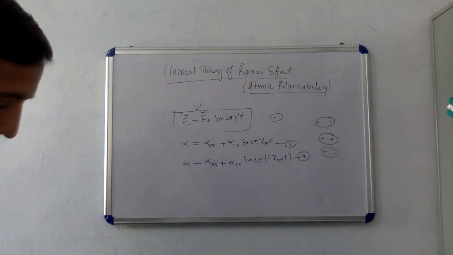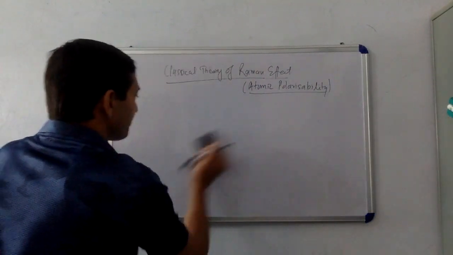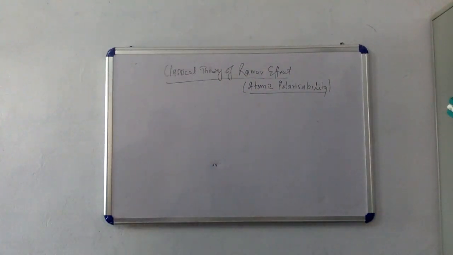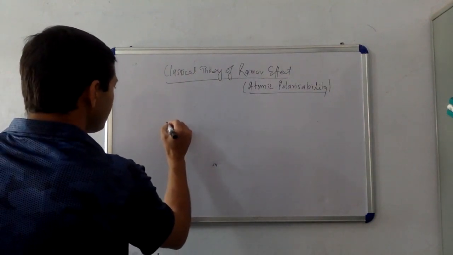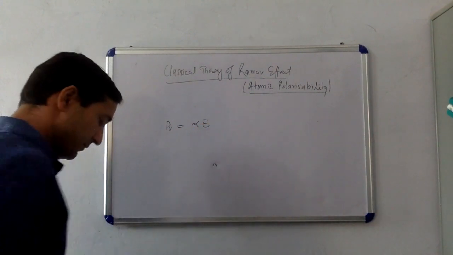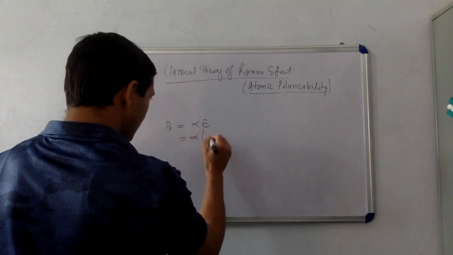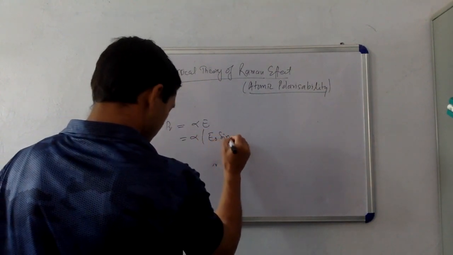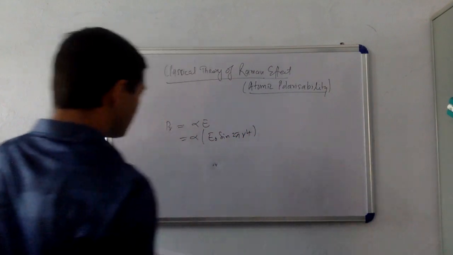So now we need to write the induced dipole moment in a vibrating molecule. Once I am considering the vibration, then this polarization P of nu is equal to alpha times E. E is E naught sine 2 pi nu prime of t from equation number 3.